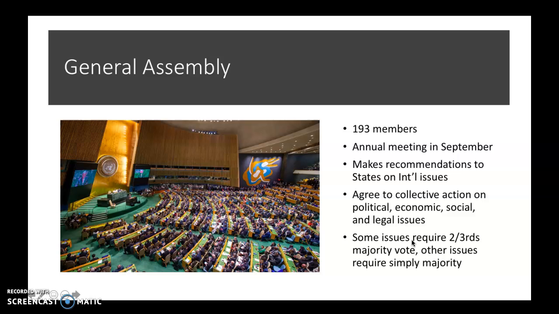And that is when there are budgetary issues being discussed or non-permanent members are being elected to the Security Council, or lastly, people are being elected to ECOSOC. Okay, so in some cases you need a simple majority, other times you need a supermajority in order to get things passed through the General Assembly. Let's move on to the Security Council.